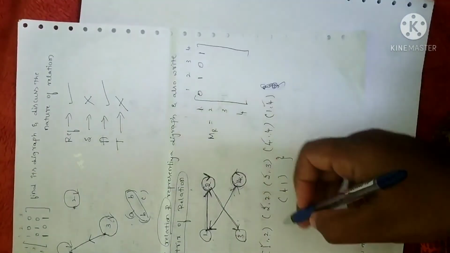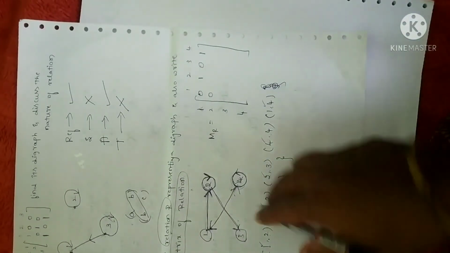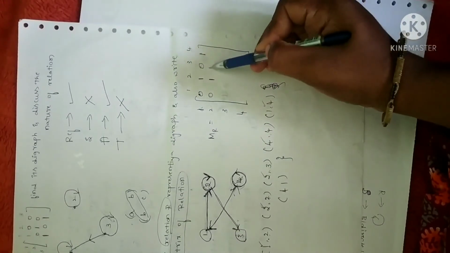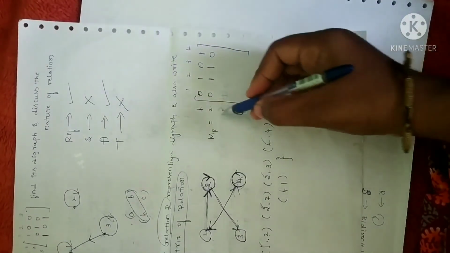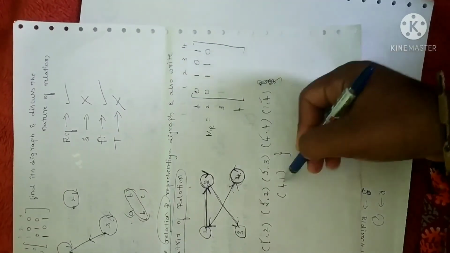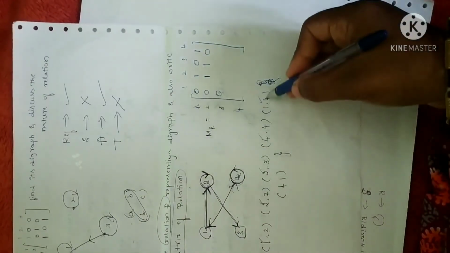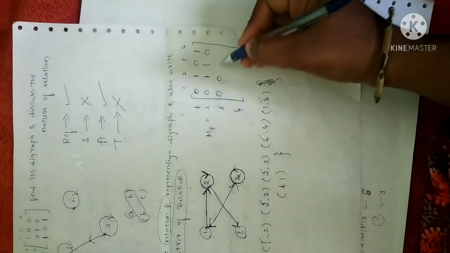Similarly, 2 to 1, there is no 2, 1, so 0. Next, 2, 2, yes, we have, so 1. Next, 2, 3, yes, we have, 1. 2, 4, no, we don't have, so it is 0. Next, 3, 1, we don't have in the relation, so 0. 3, 2 is not there, so make it 0. 3, 3 is not there, so 0.